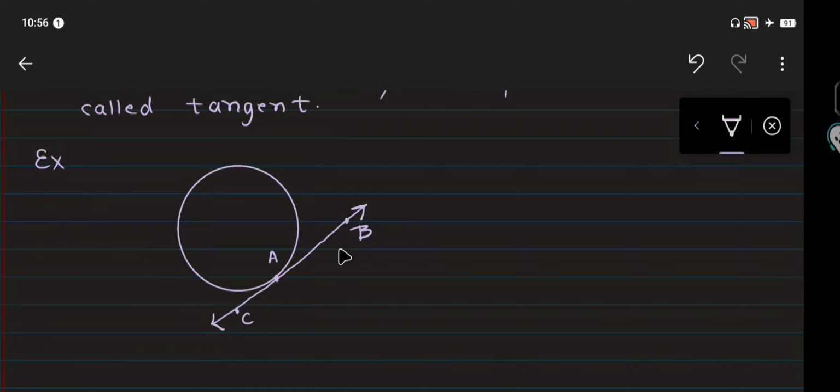So this line CB is touching the circle at only one point, that is point A. So this line CB is the tangent.